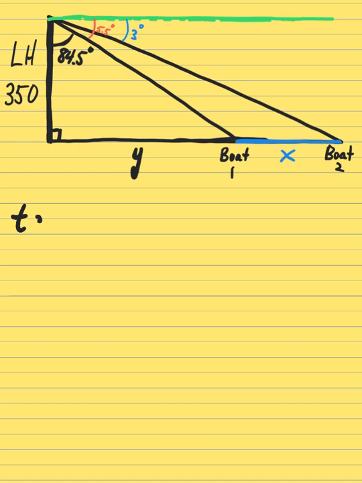Tangent of 84.5 degrees will be equal to opposite over adjacent, multiply both sides by 350.